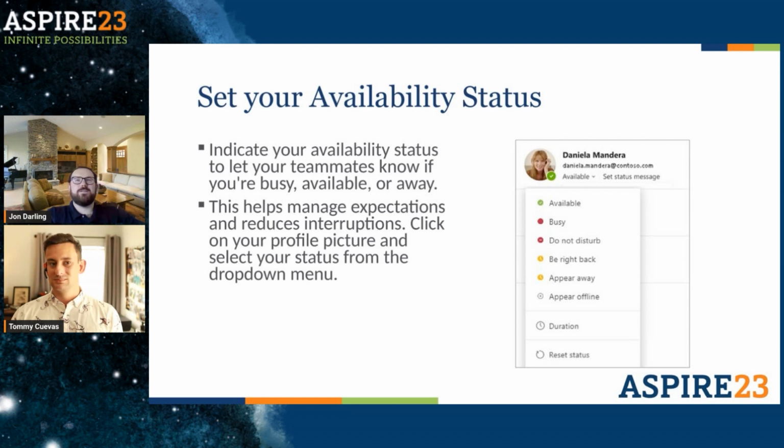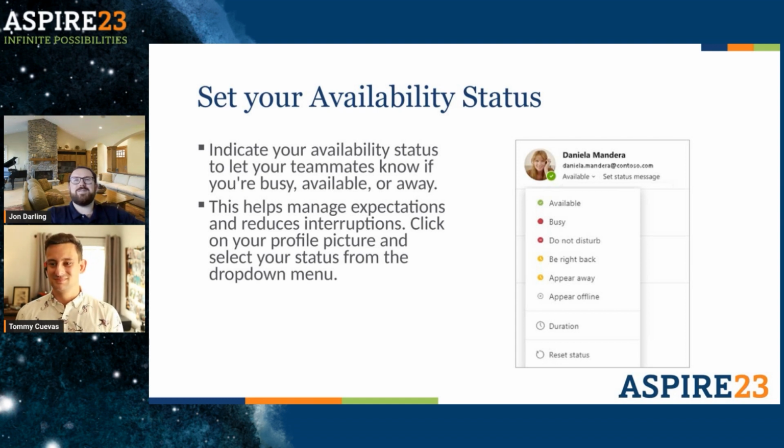So if you, for example, were to have a customer service department and want to make sure that a customer calling in gets routed to an agent who's actually available, setting the Teams status to available lets your team's phone system know that you're able to take a call and will route it to someone else if your status is something different.